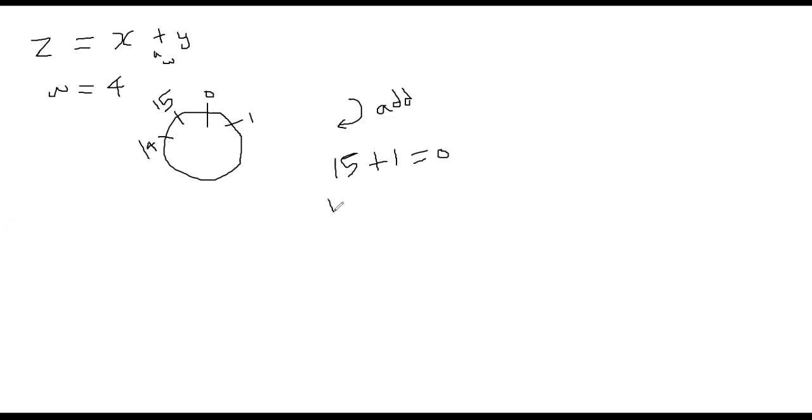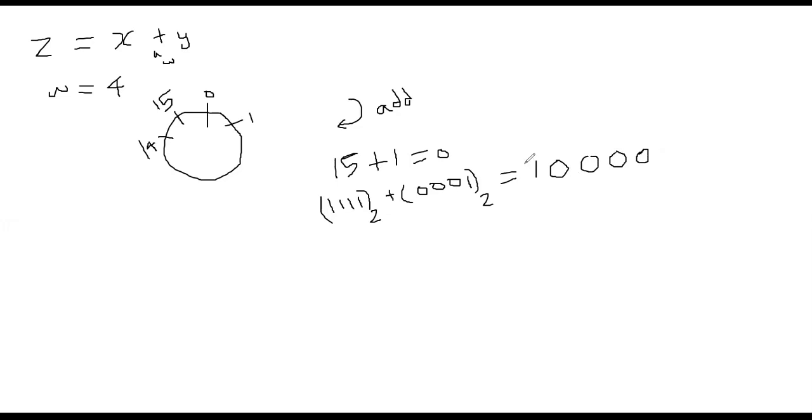15 is nothing but 1, 1, 1, 1 in binary. If you add 1 to it, also in binary, which is 0, 0, 0, 1, what do we get? We get 1 and 0, 0, 0, 0.